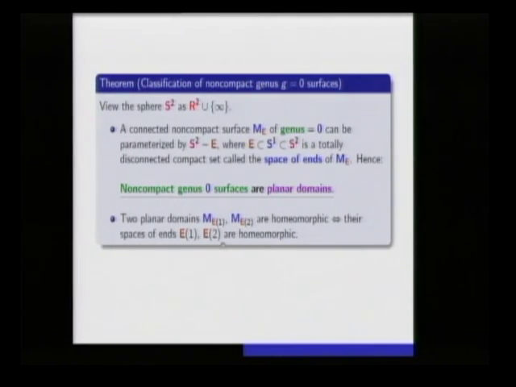Okay, and then what's the classification theorem? It says that two genus 0 surfaces, the first one with ends E1, the second one with ends E2, are diffeomorphic if and only if the spaces of ends, the E sets, are homeomorphic. A necessary and sufficient condition. So that really means we're in pretty good shape.